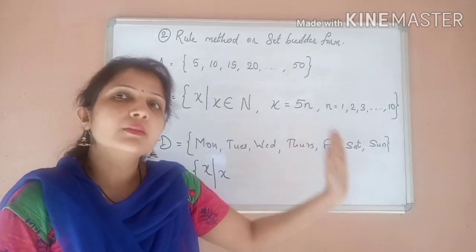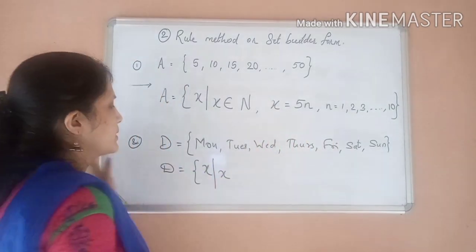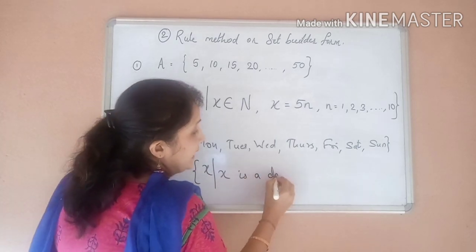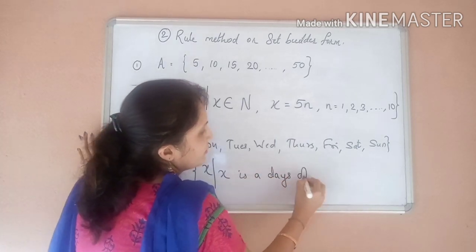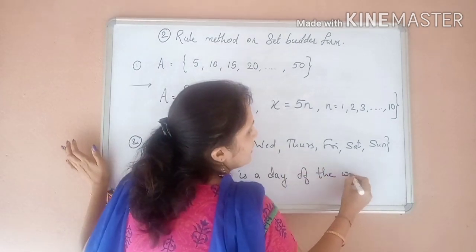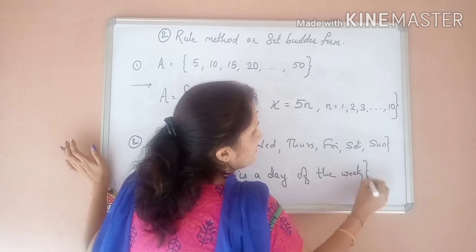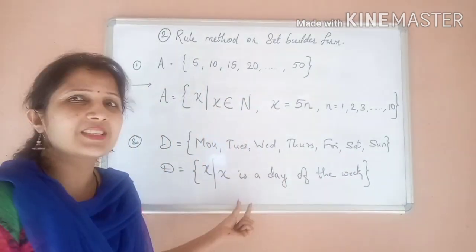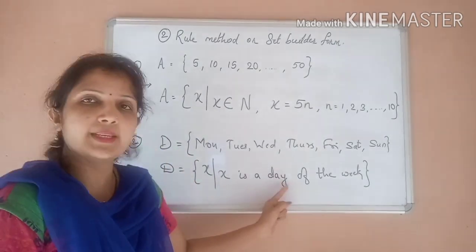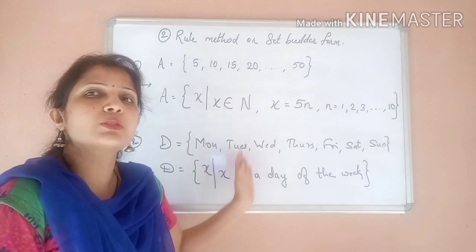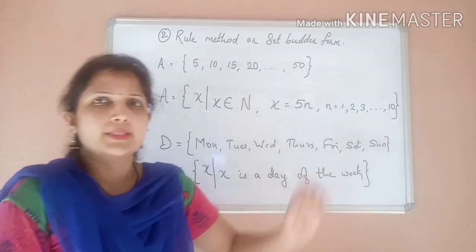Days of the week. So here it will simply come: x such that x is a day of the week. So x is one element, x is a day of the week. So it can be Monday, Tuesday, Wednesday, Thursday, Friday, or Saturday.